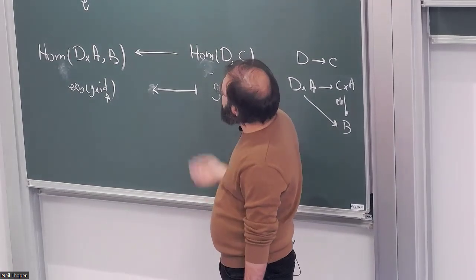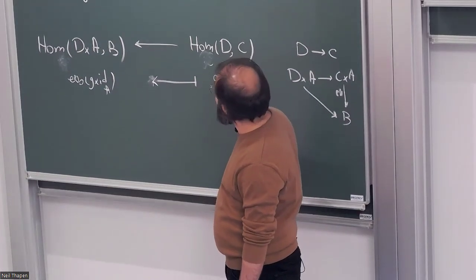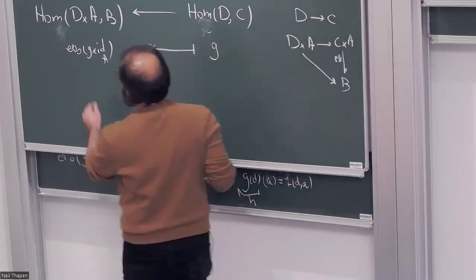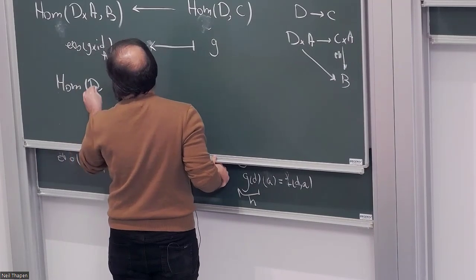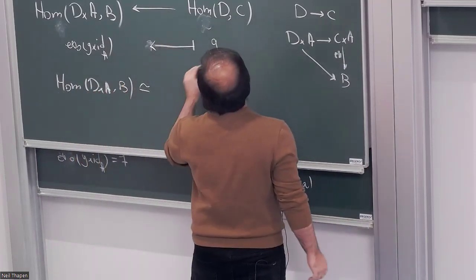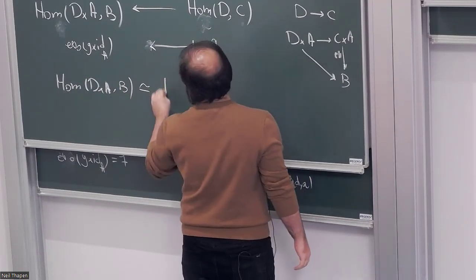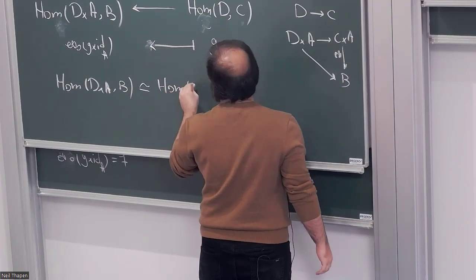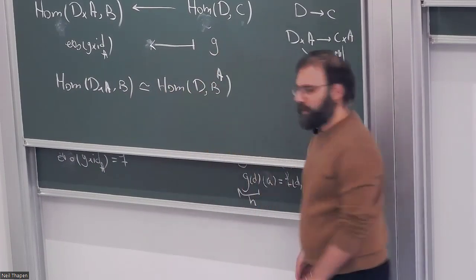This is something we kind of expect, because I'm saying that there is a natural map from this, and let's write C as B to the A. So this is what we really expect.